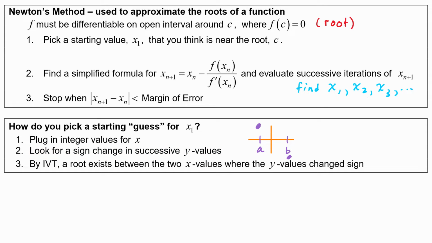If you have a continuous function, and remember we learned if f is differentiable, we know it's going to be continuous, you know that somewhere it had to cross the x-axis on its way from x equals a to x equals b. So that's what you can use to sort of narrow your search for your starting value of x1.